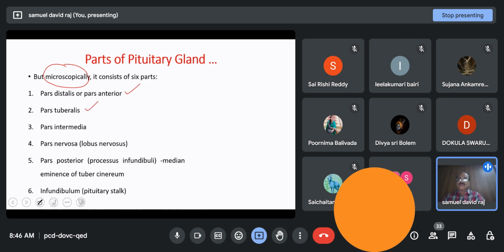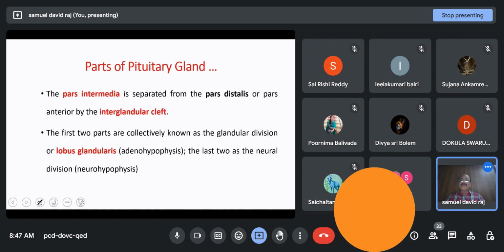Second one, pars tuberalis, then pars intermedia, and pars nervosa, also called lobus nervosus, meaning nervous lobe. And fifth one, pars posterior, also called infundibular process or processus infundibuli, situated in the median eminence of tuber cinereum. And last one is infundibulum or pituitary stalk. So these are the parts that we actually see in a pituitary gland.